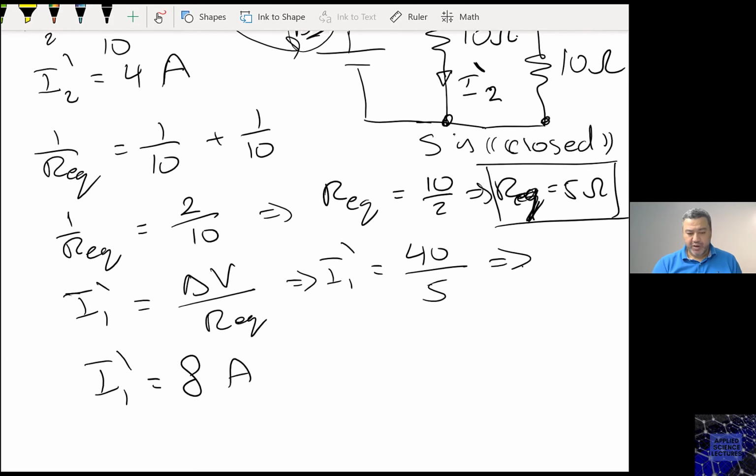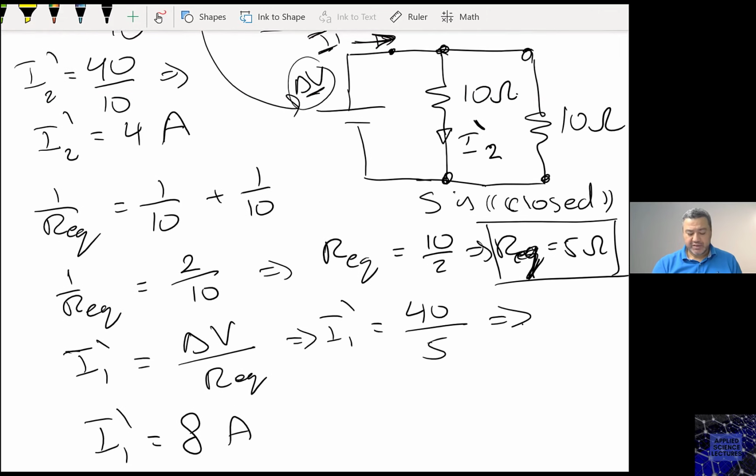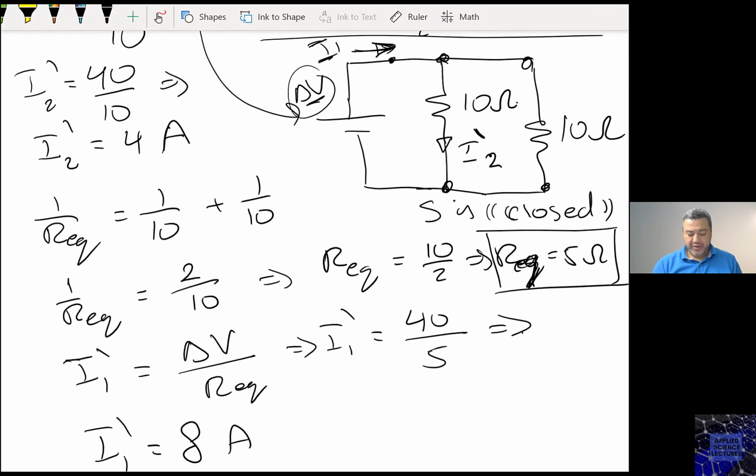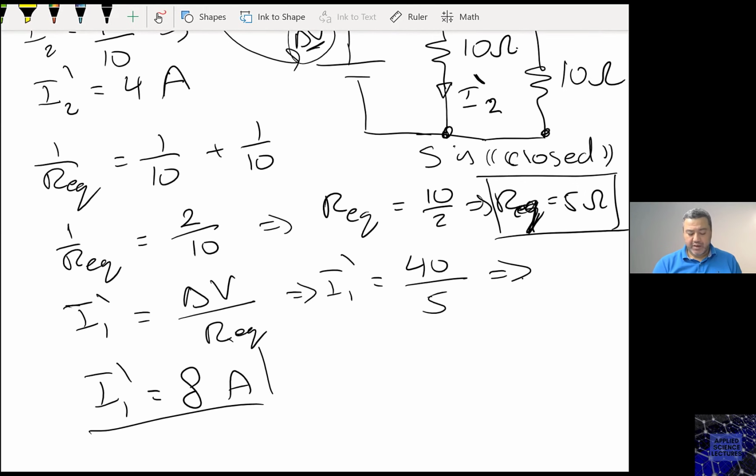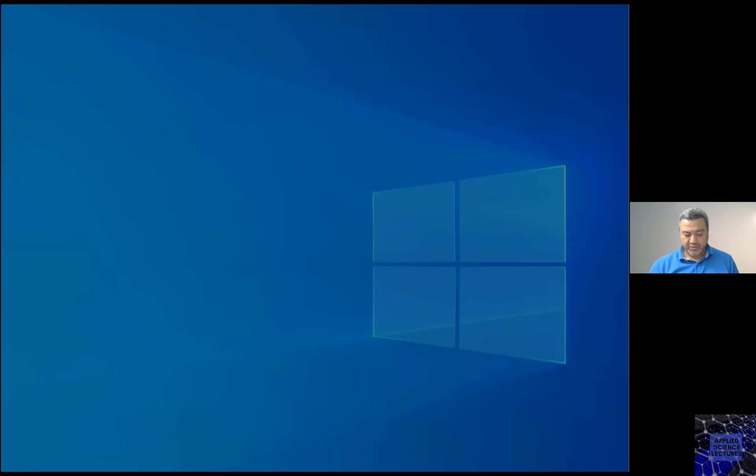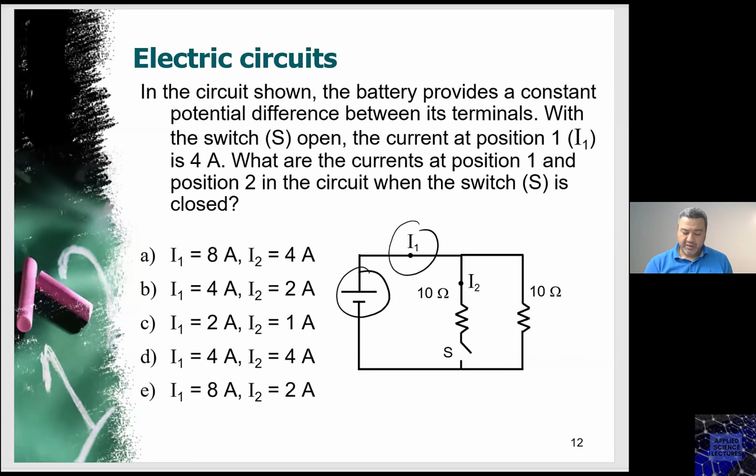So I1 prime is 8 ampere, I2 prime is 4 ampere. So now let's go to here and see I1, 8, I2 is 4, and the answer is 8.